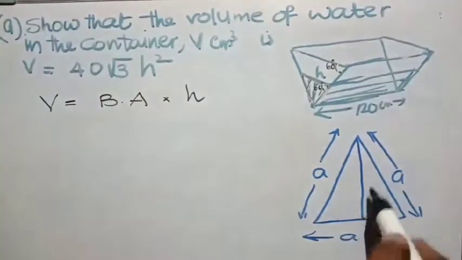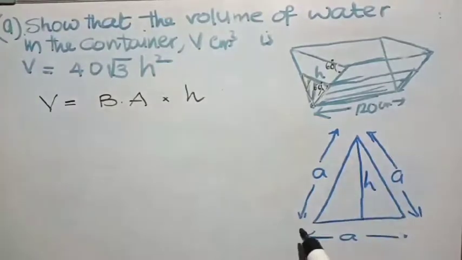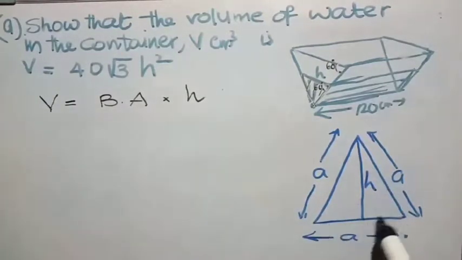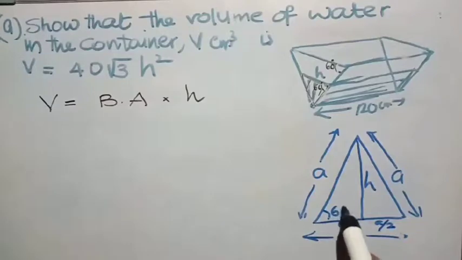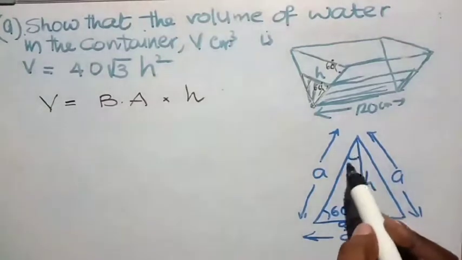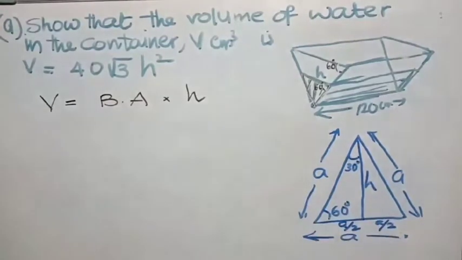I'm showing it once again, which divides the base into two equal parts. That means this is A by 2, this is also A by 2, and this angle is 60 degrees. This angle becomes 30 degrees. Now what we have to do is find the value of A in the form of H.